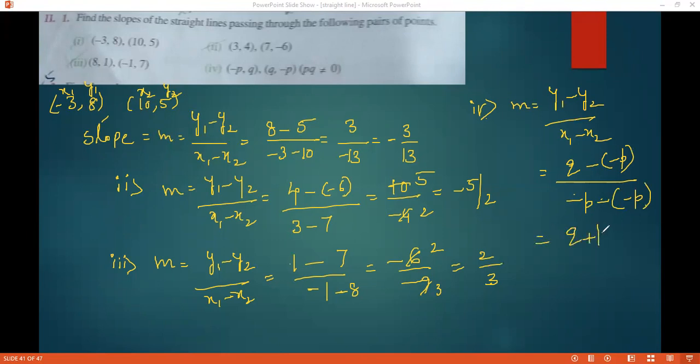So q plus p by -p plus p, and this becomes 0. So (p + q) by 0. Any number by 0 is not defined, so the slope is not defined.